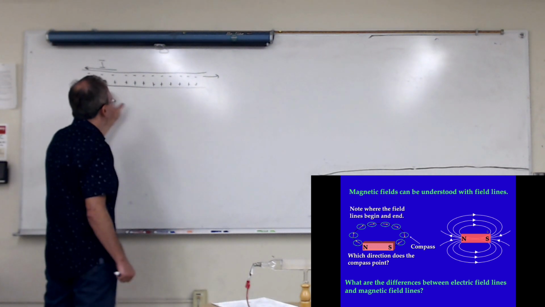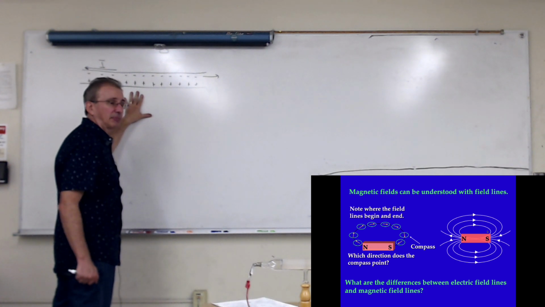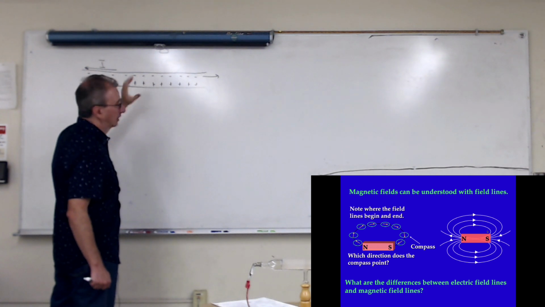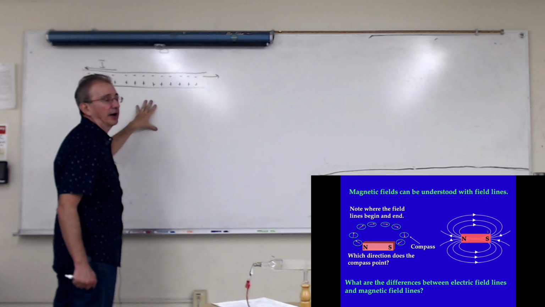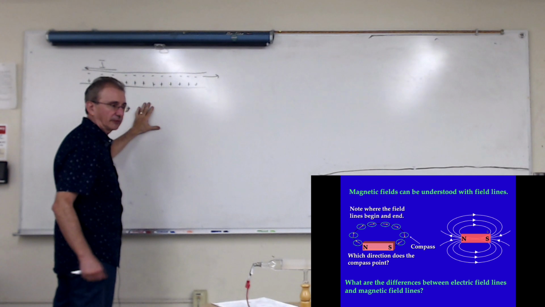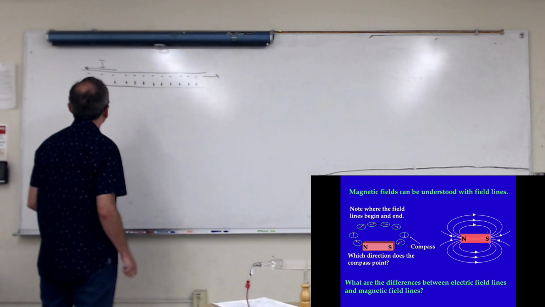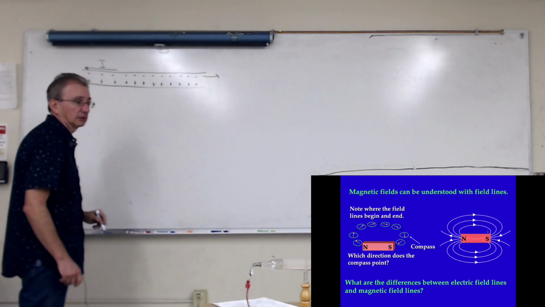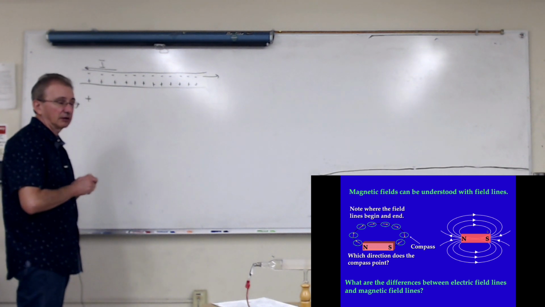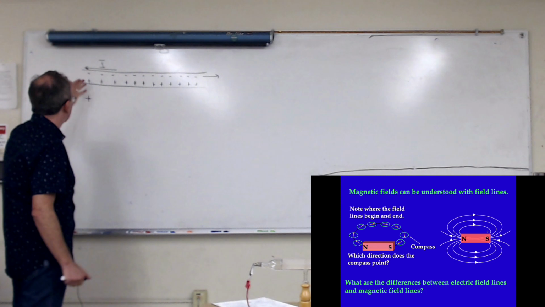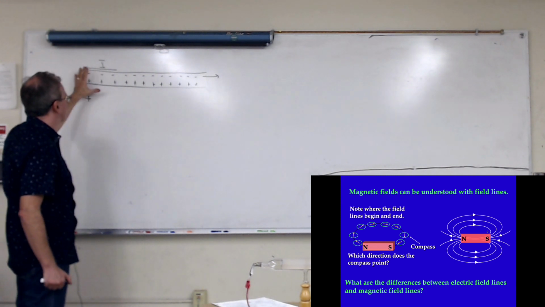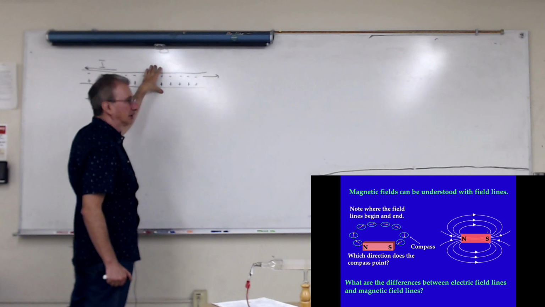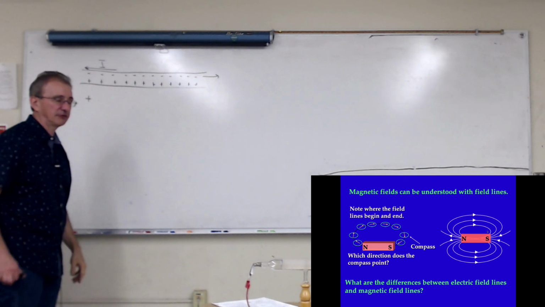But on average, what you'll see is an equal number of positive charges and negative charges. The density of positive charges will be equal to the density of negative charges in a wire in general. So if I have a positively charged particle just sitting here, since the wire has no net charge on average, this particle is not going to experience a force.